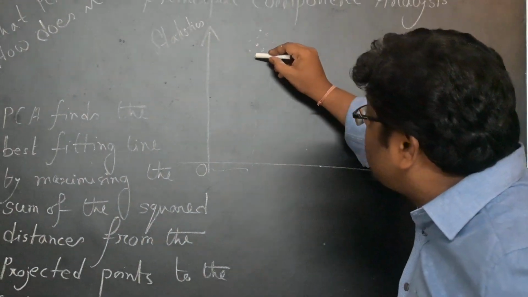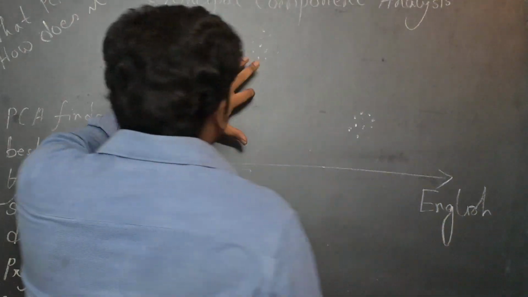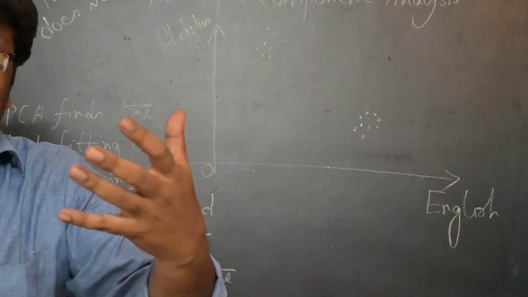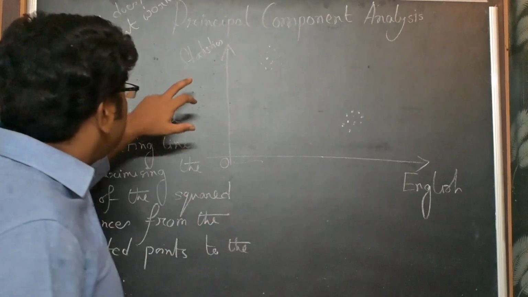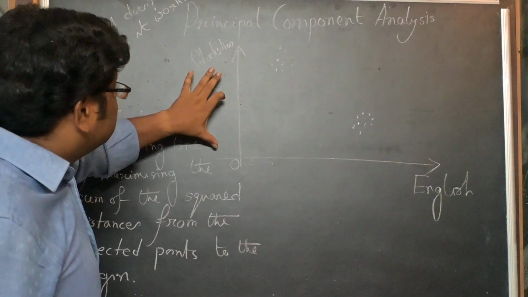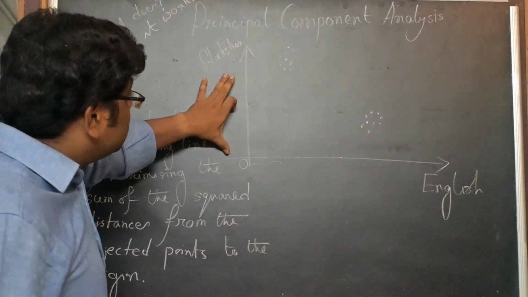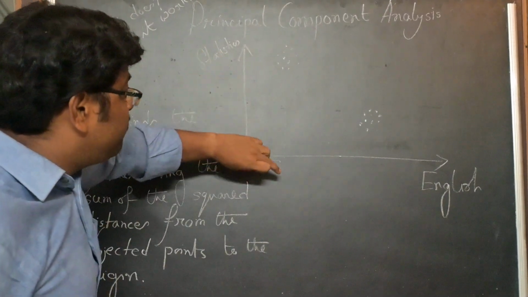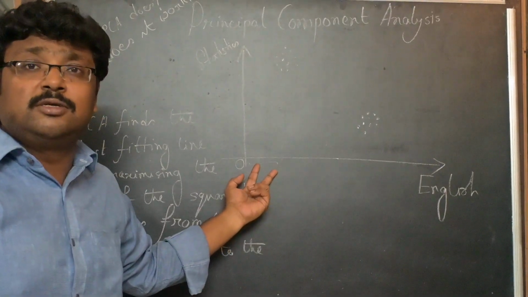So a particular point here is an individual's obtained mark in that particular examination. The student got more marks in statistics compared to English. It is very clear from this.